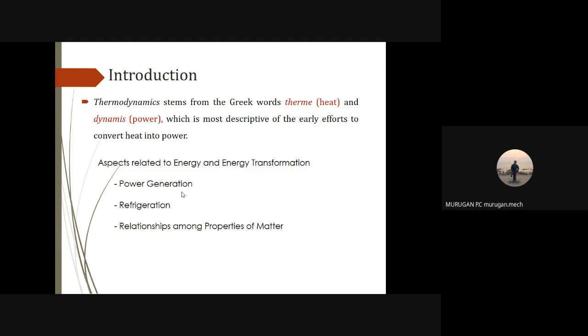One is the air conditioning system and another one is the refrigerator system. The fridge and air conditioning. Okay.